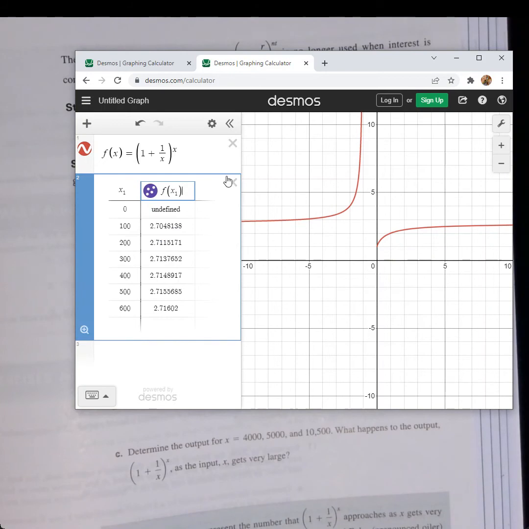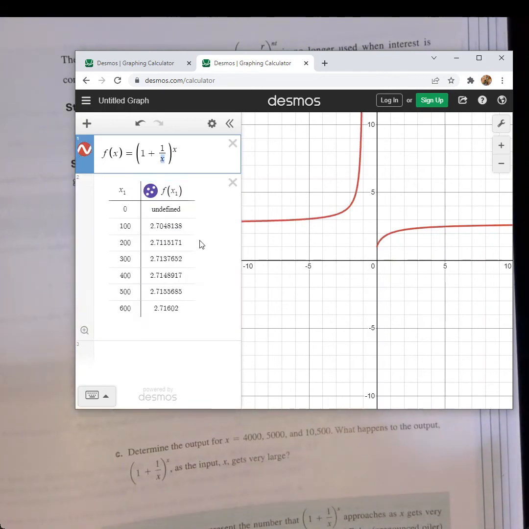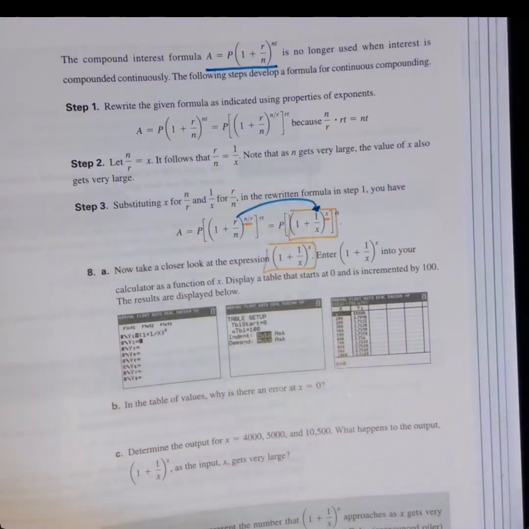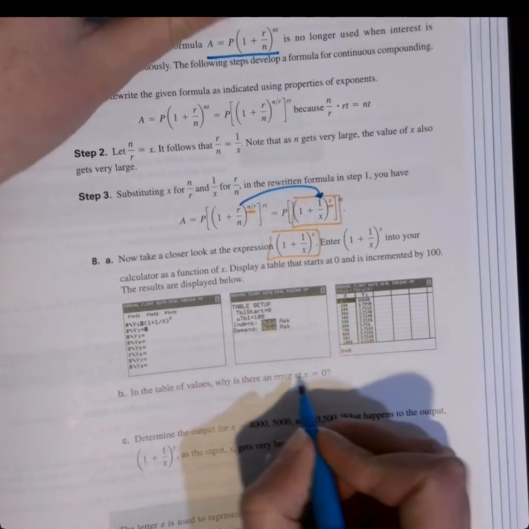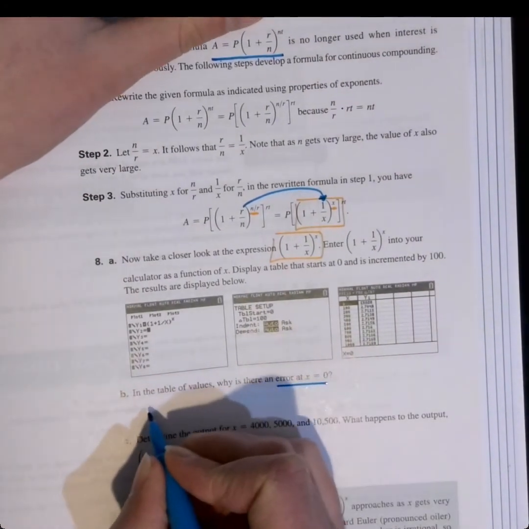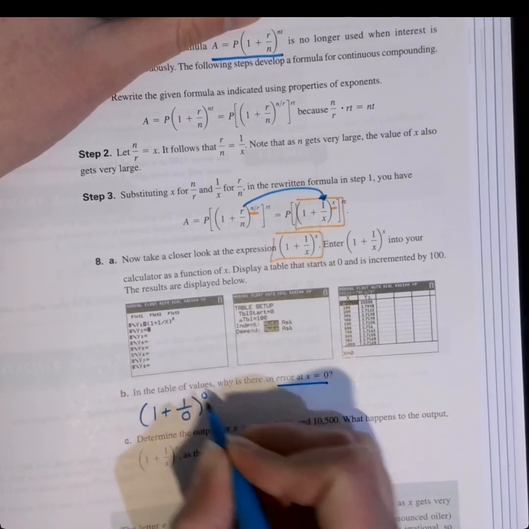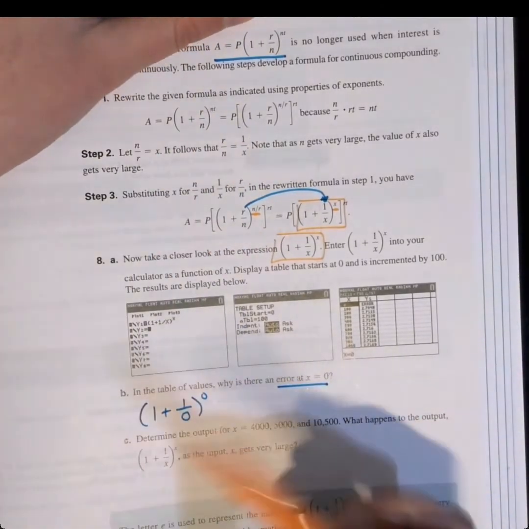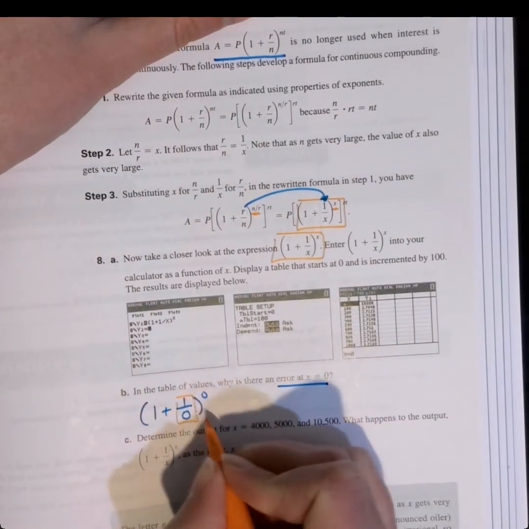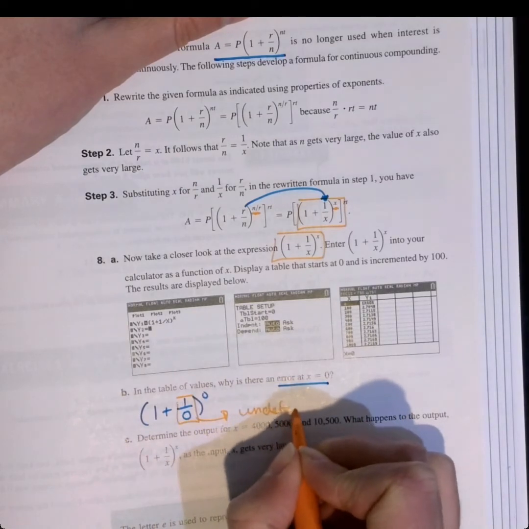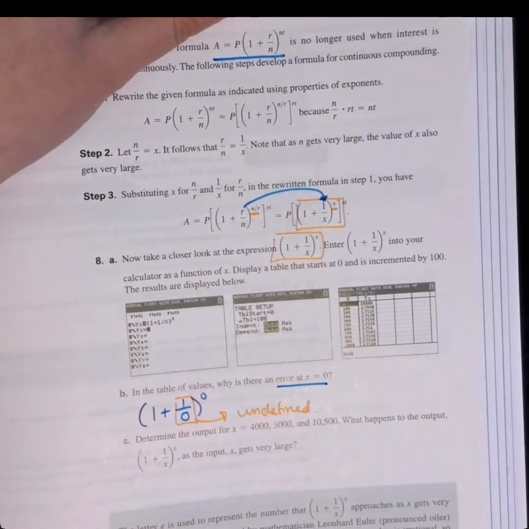Well, when you put 0 in for the input, it's going to go into the denominator, and 1 divided by 0 is undefined. There's an error at x equals 0 because you would have 1 plus 1 over 0 to the 0th power, and you can't divide by 0, so 1 over 0 is undefined. So can't put in 0.